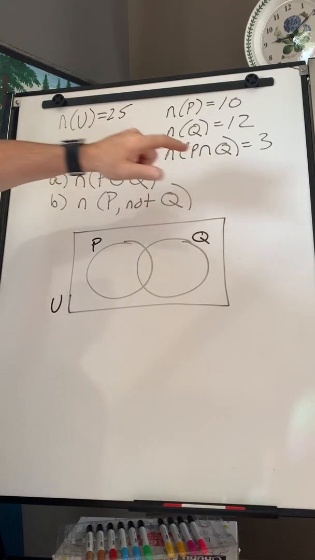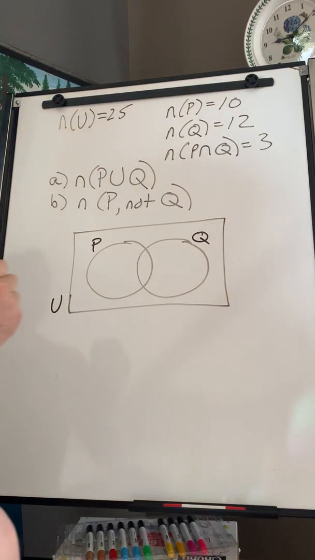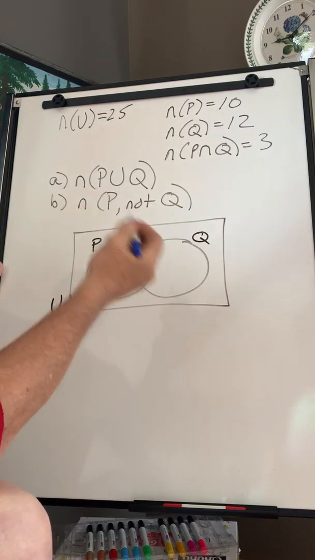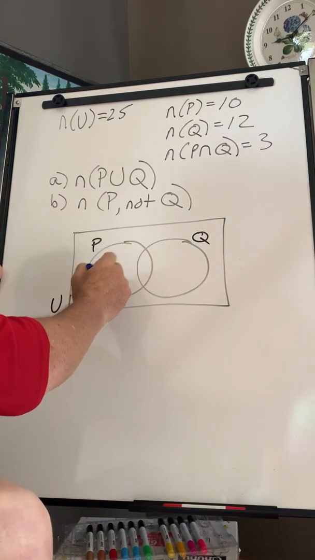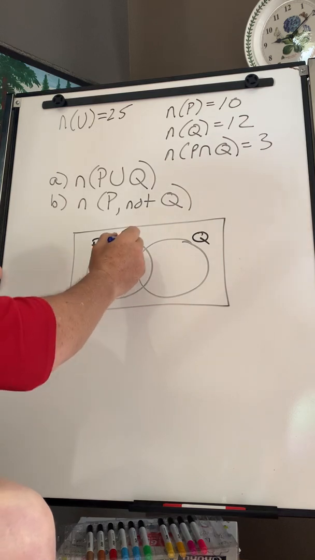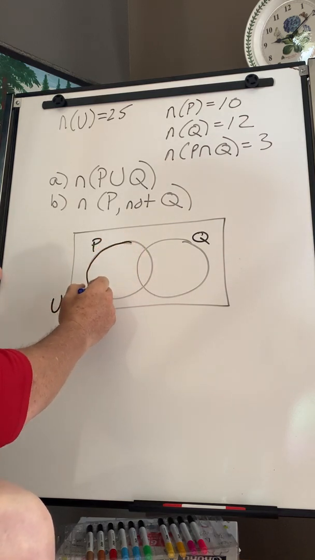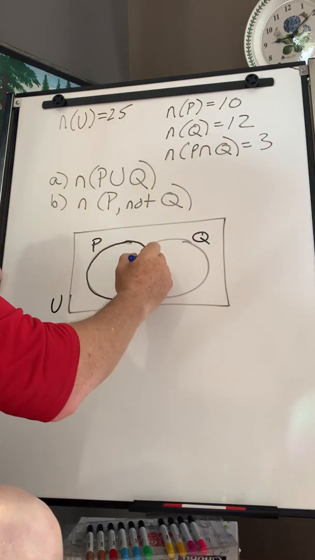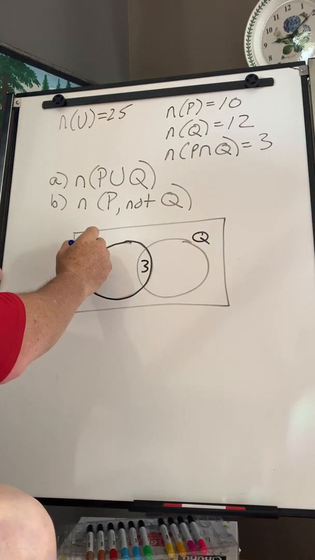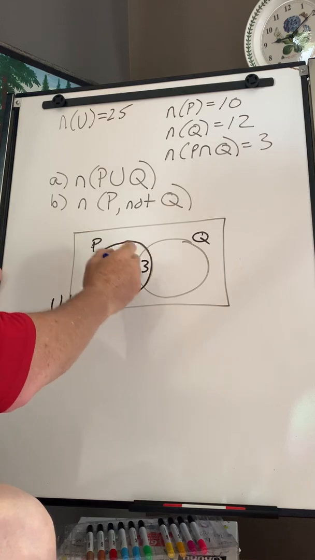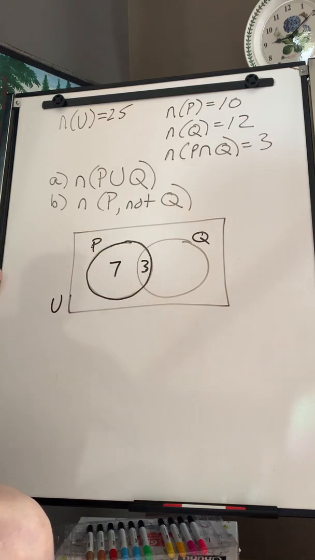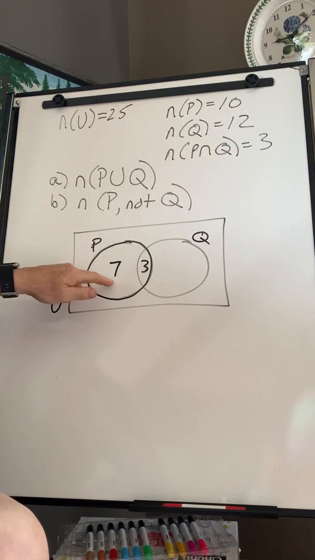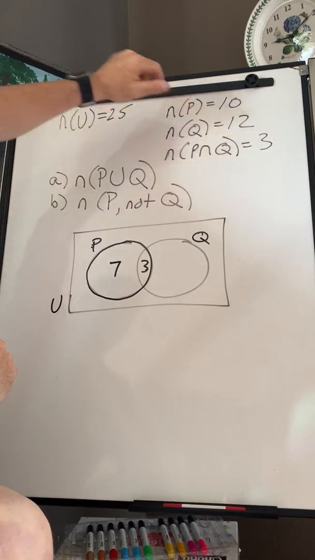So why am I going to do this? Because if I look at the number of elements in P, and I were to say there's 10, it means there's 10 in this whole circle. So I start with the intersection point, 3. Now, if there's 10 members of P, I take away the 3, and I get 7. 7 plus 3 makes that 10.